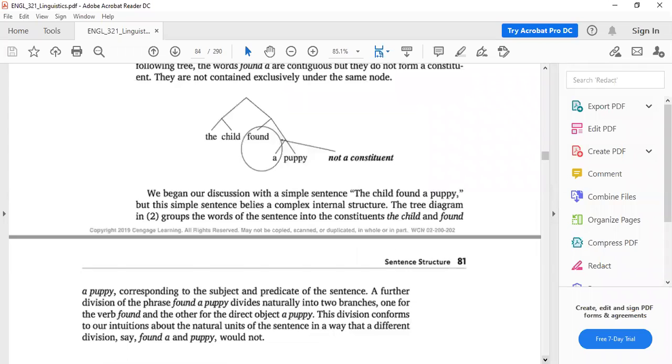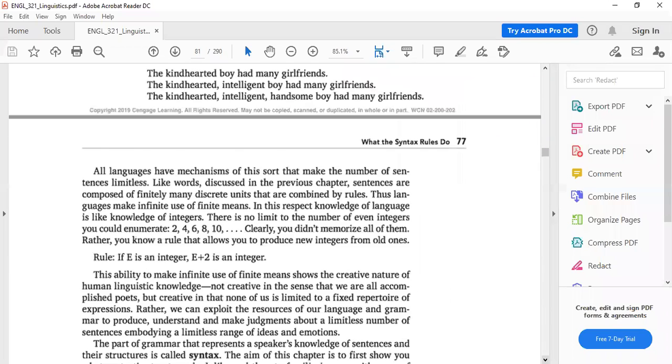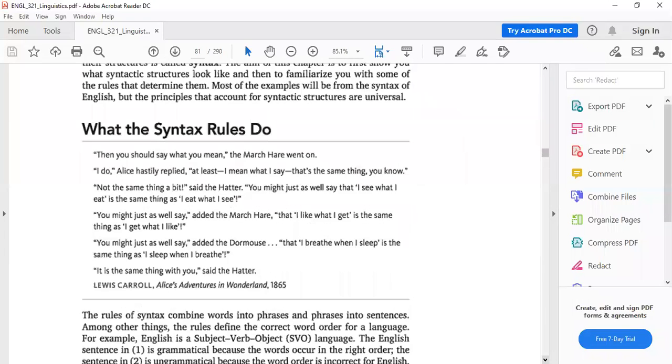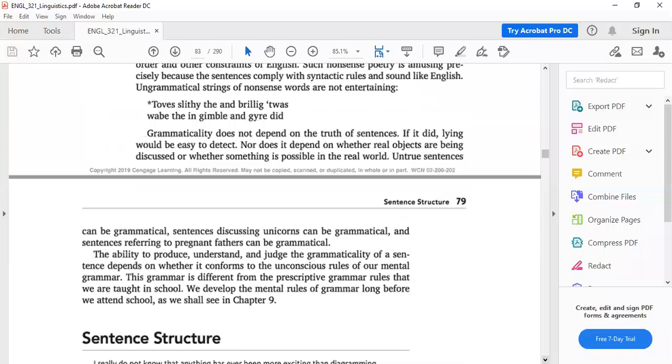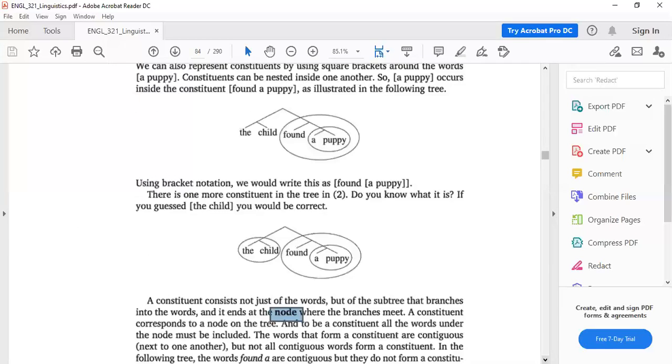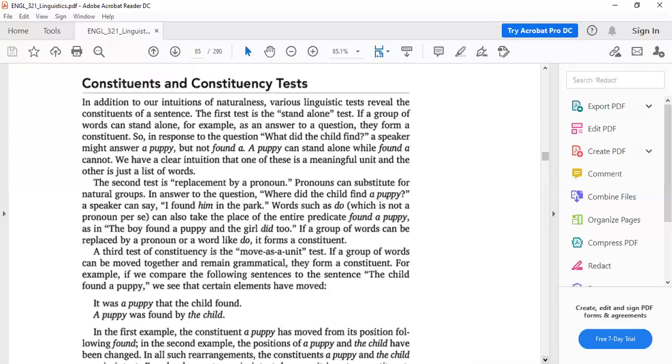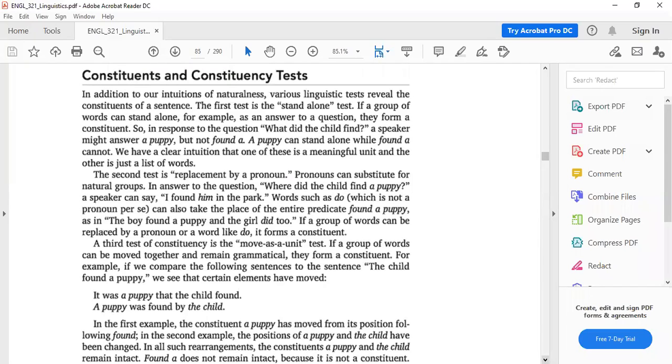Rania will start constituents and constituency tests.